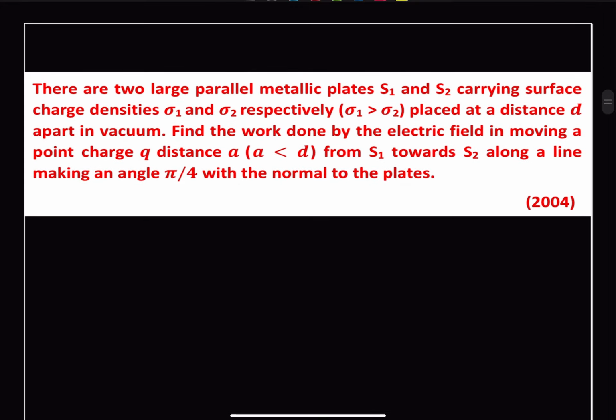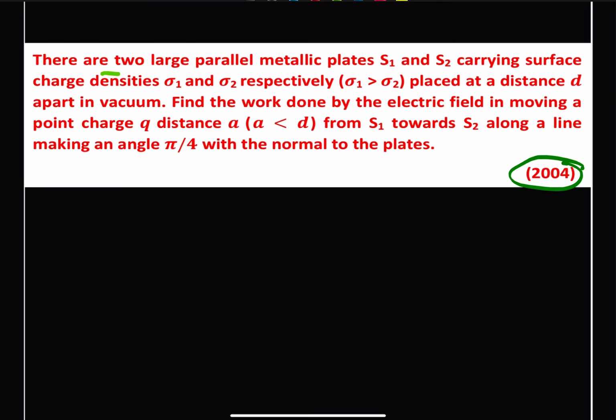Next question. It was also asked in the year 2004, and it states that there are two large parallel metallic plates S1 and S2 carrying surface charge densities sigma 1 and sigma 2 respectively, where sigma 1 is greater than sigma 2, placed at a distance d apart in vacuum.